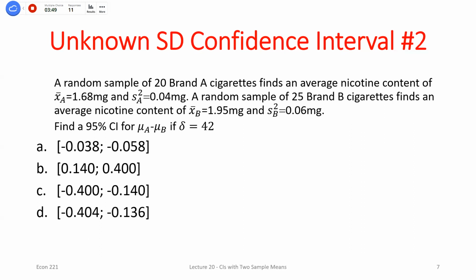So think about what we're doing with confidence intervals. You define this as cigarette brand A minus B. You're building your confidence interval around that sample difference. So that sample difference should be smack dab in the middle of your confidence interval.